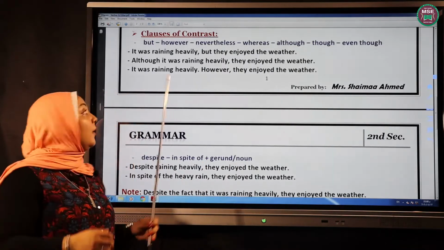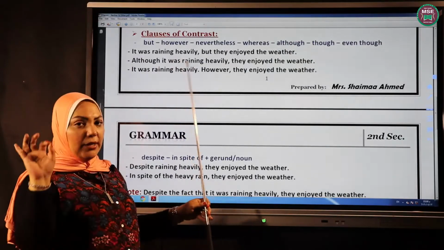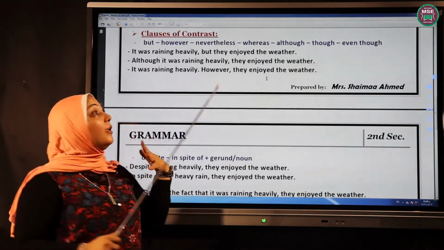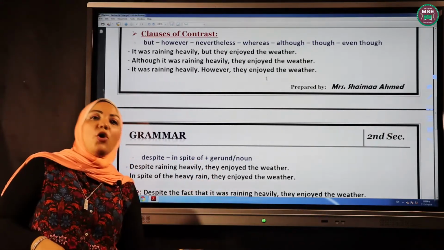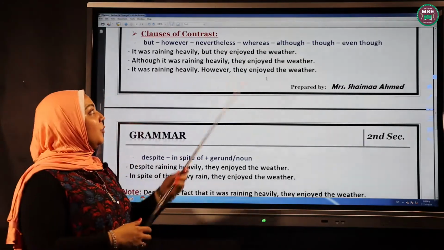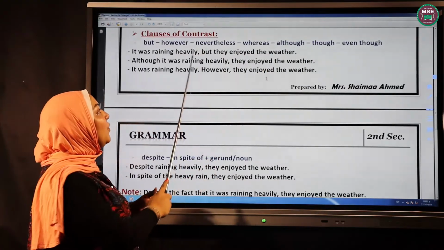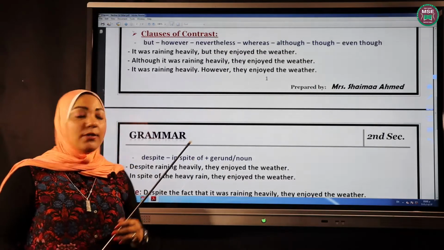For example, it was raining heavily, but they enjoyed the weather. Actually, when we said it was raining heavily, we expected that maybe people are staying at home, they are not enjoying themselves, and so on. But we were surprised that they enjoyed the weather, okay? And that's why we used a contradicting conjunction, which is but.